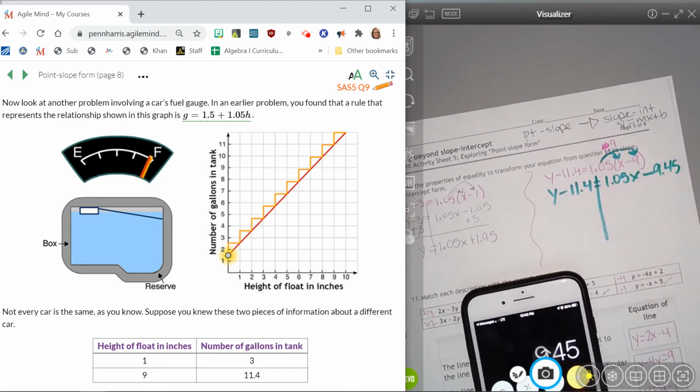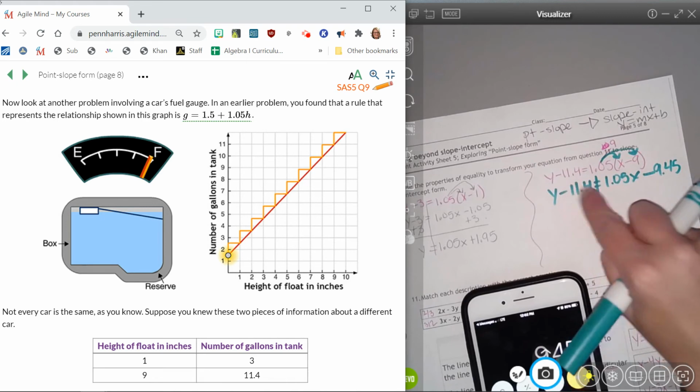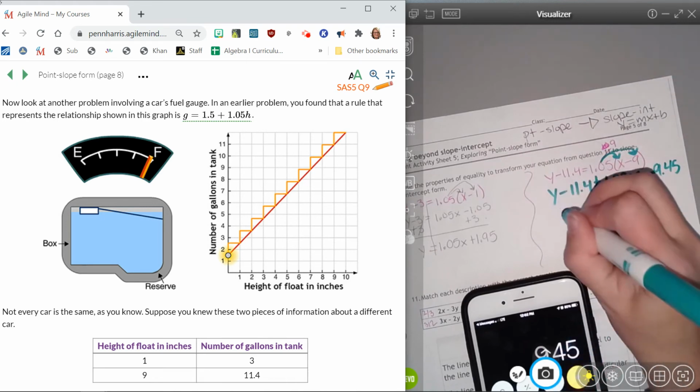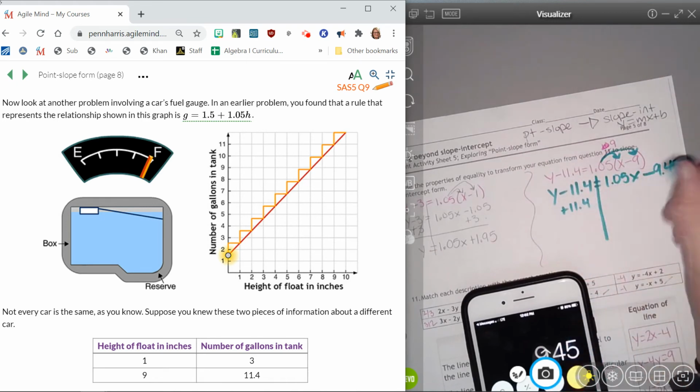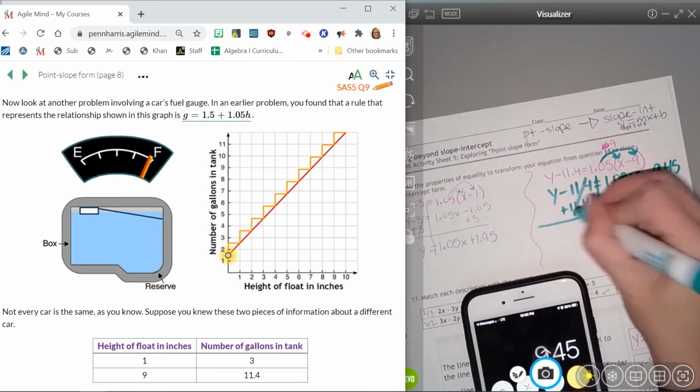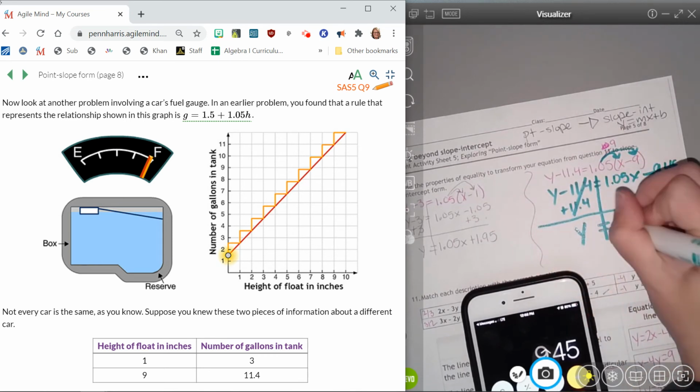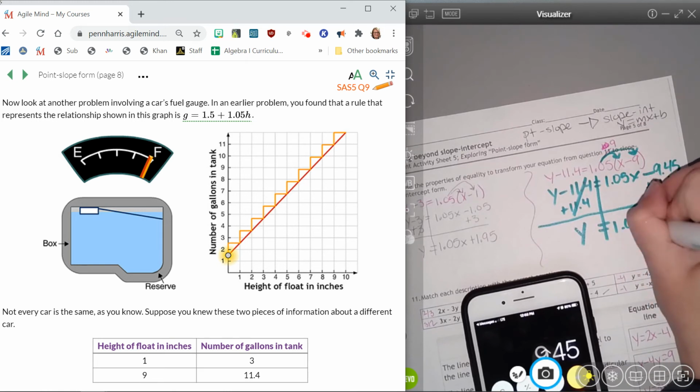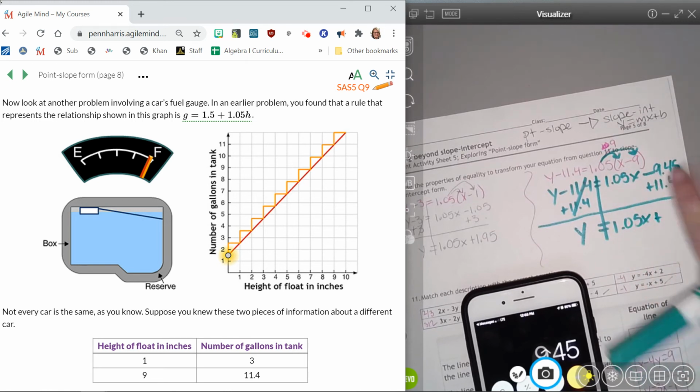Now, I need to get the y by itself. Because it's a minus, I'm going to add 11.4 to both sides, and I get that y equals 1.05x plus, and you can use your calculator if you want, negative 9.45 plus 11.4, and that gives me 1.95.